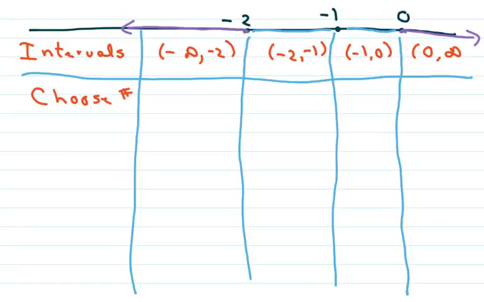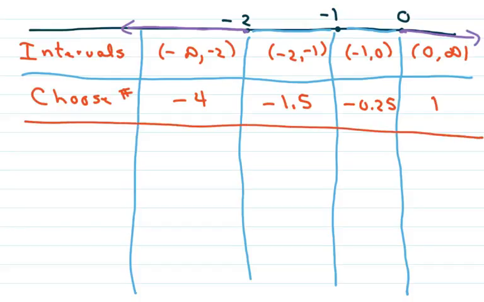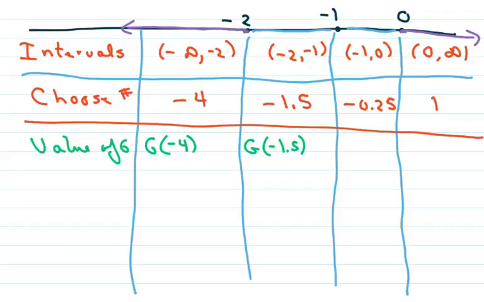I'm going to go ahead and choose negative 4, negative 1.5, negative 1/4, and I'll choose 1 here. Okay, and then I'm going to evaluate and find the value of g. So g of negative 4, g of negative 1.5, g of negative 1/4, and g of 1.